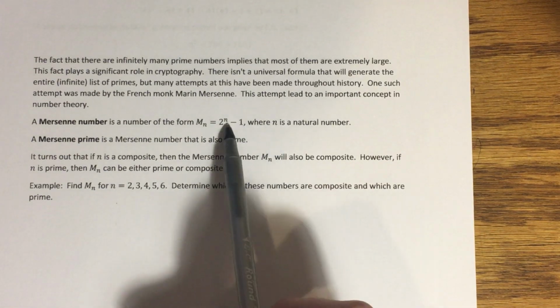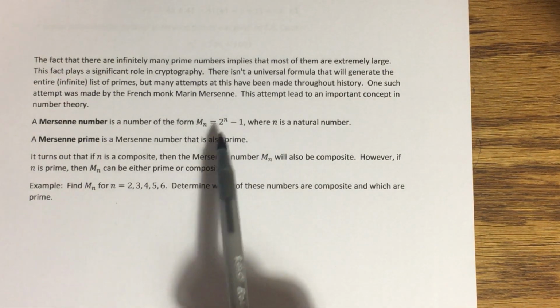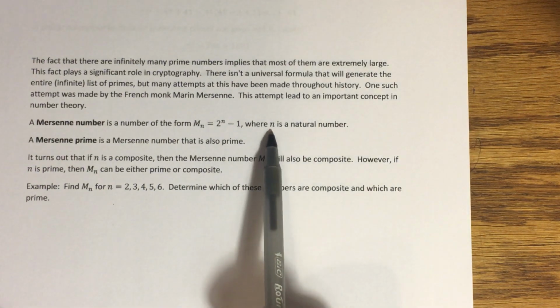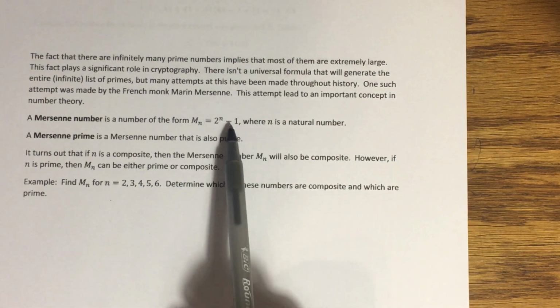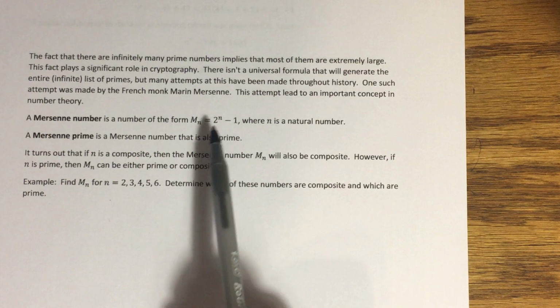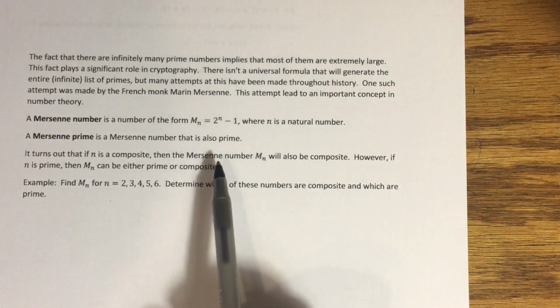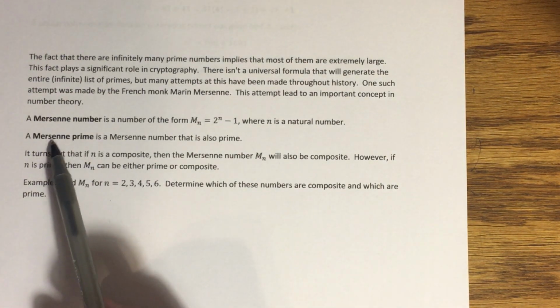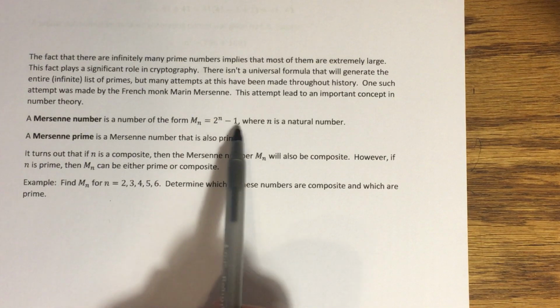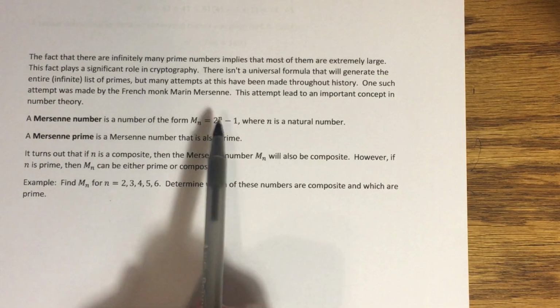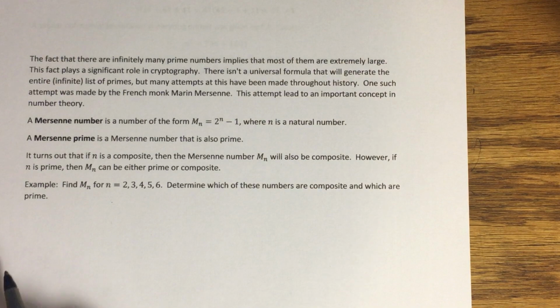N is always a natural number. So these numbers get very, very large very quickly if you keep plugging natural numbers into them, because exponential functions get very large very quickly. We call a number of this form, 2 to the n minus 1, a Mersenne prime if this number happens to also be a prime number. Okay?